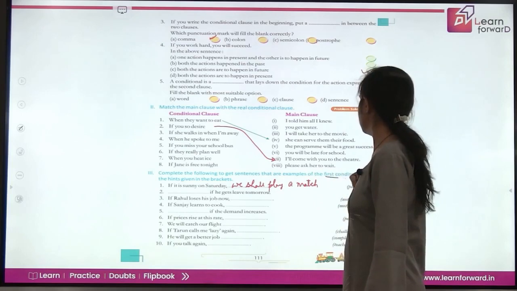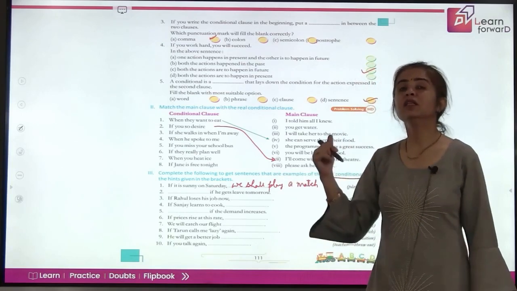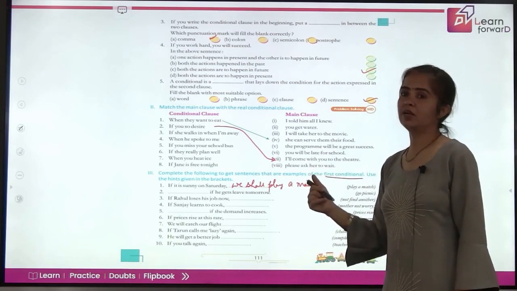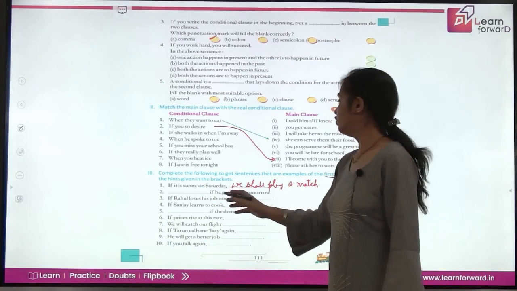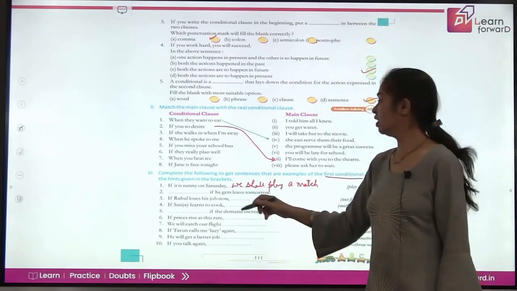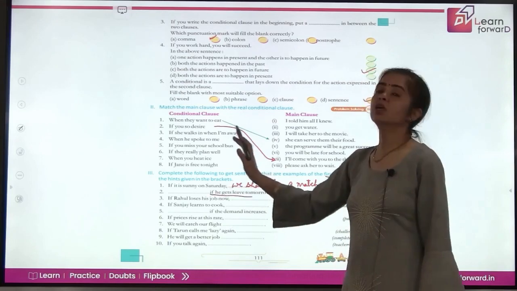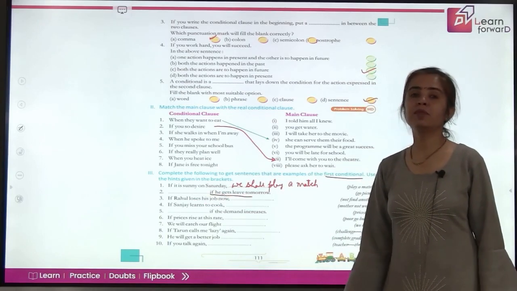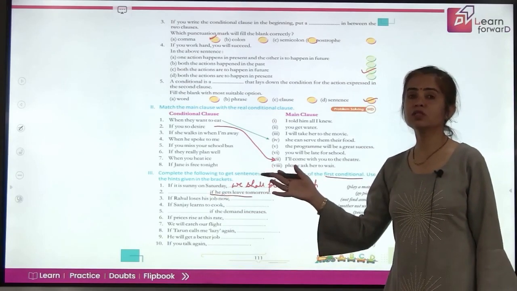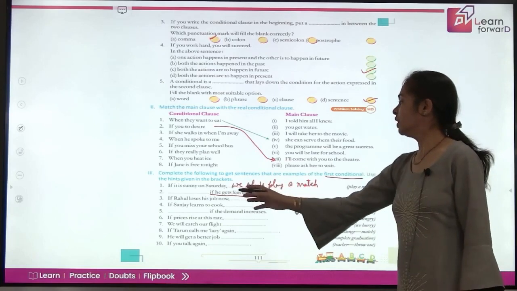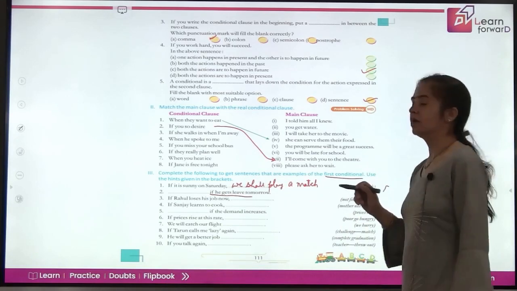So this is the first conditional. Now the next one: dash if he gets leave tomorrow. So your if clause is coming here, and your main clause will come in the beginning. So if he gets leave tomorrow, go on a picnic.